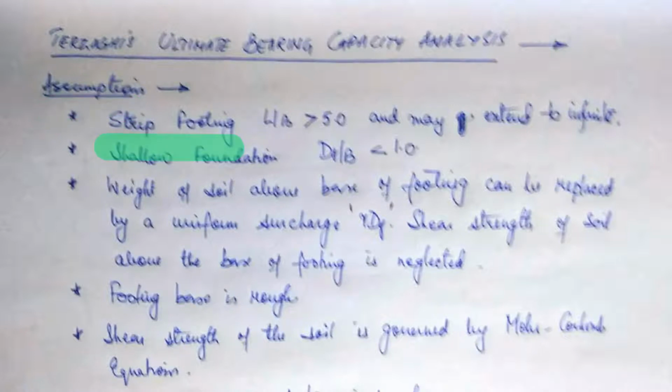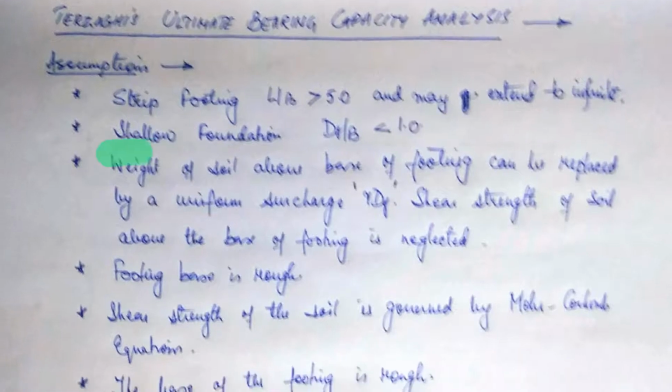Strip footing means it is very, very long, that is, length upon width is normally taken to be more than 5, and the length may extend up to infinity.